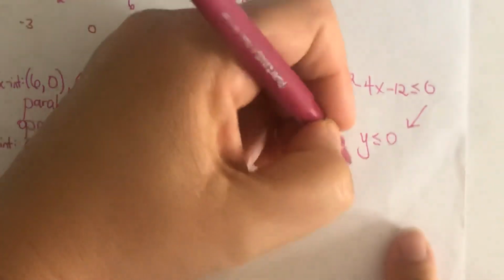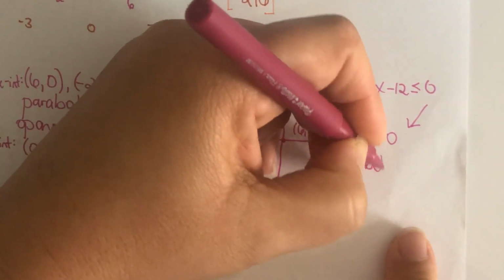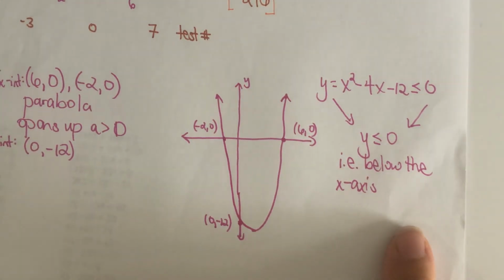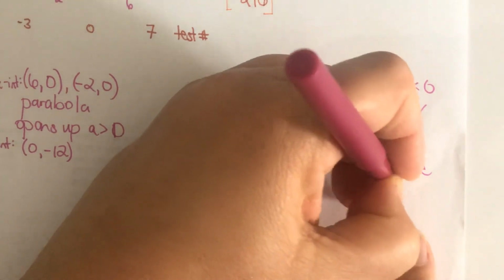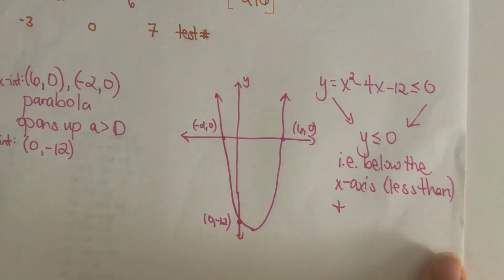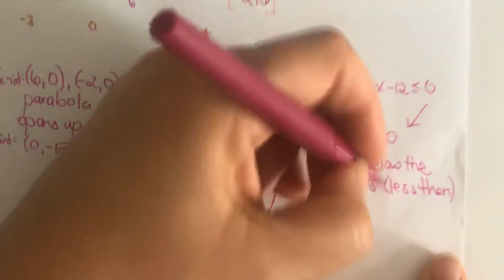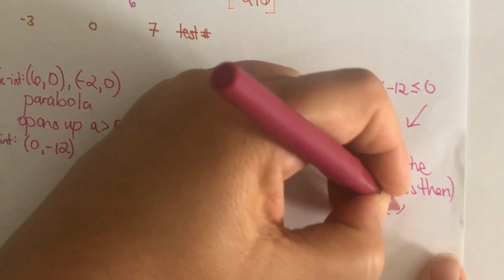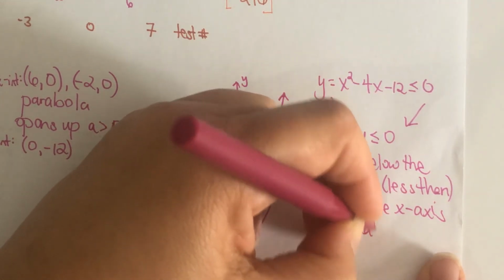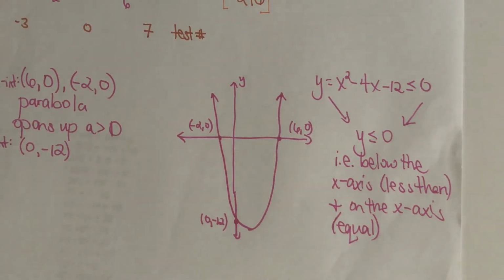Well, doesn't that mean below the x-axis? Below the x-axis, less than or equal to 0. That's the less than part. The equal part is on the x-axis. Less than or equal to, okay?